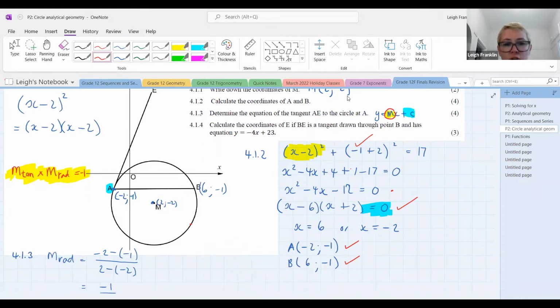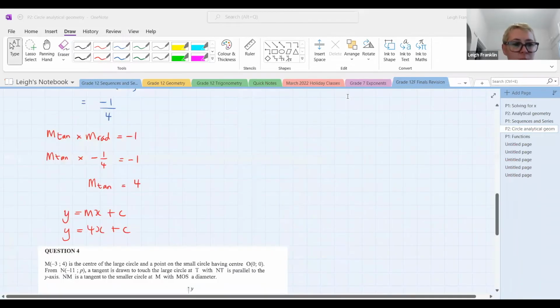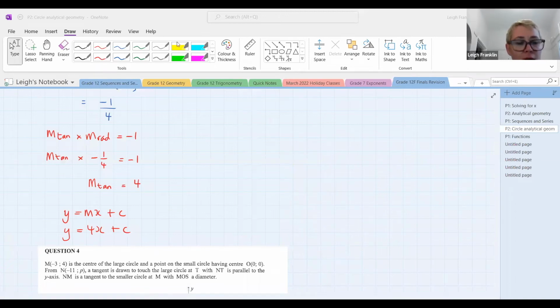So Joshua, how did I get 4? At this point over here, where I'm highlighting in yellow, this is an equation. I'm solving for the gradient of the tangent. So the opposite of times is divide. So divide both sides by 1 over 4.